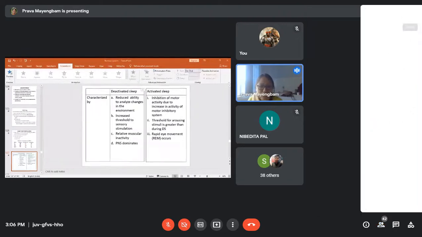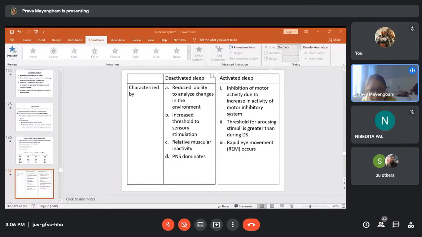During this time, the threshold for arousing stimuli is greater than during the deactivated sleep. The jerk or push in the deactivated sleep would have caused arousal, but in this time, just giving one jerk, it may not be possible to wake him up.